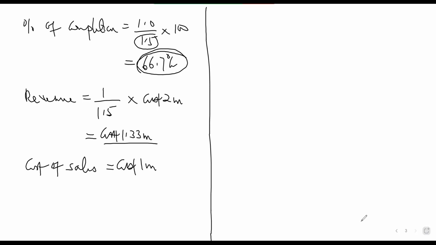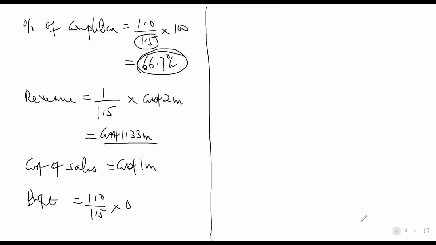Okay, so you see that we are going to be having a profit of what? 1.0 divided by 1.5 times 0.5, because the total profit on the contract is this one. And that will give us 0.33. The profit can also be calculated as the revenue that you are recognizing minus the cost. That will give you 0.33.